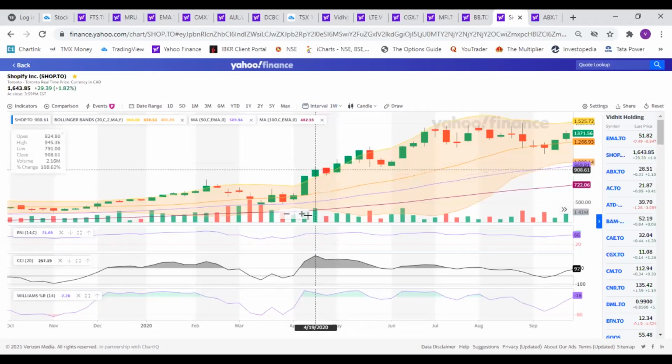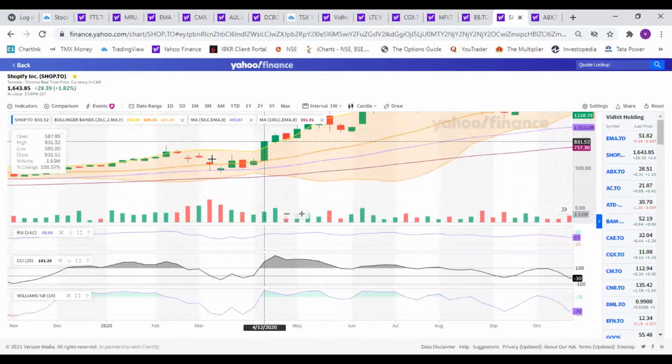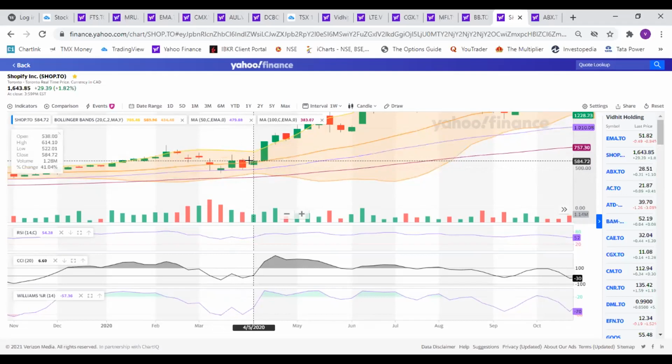If I see a weekly chart on Saturday, I see the Bollinger Band has been crossed. Look at this. It came down here. It did not touch the lower Bollinger Band and it moved up. It crossed, but the body still remained within the mid Bollinger Band. Next week again, within the mid Bollinger Band. Third week, within the mid Bollinger Band. Fourth week onwards, it is shooting out.